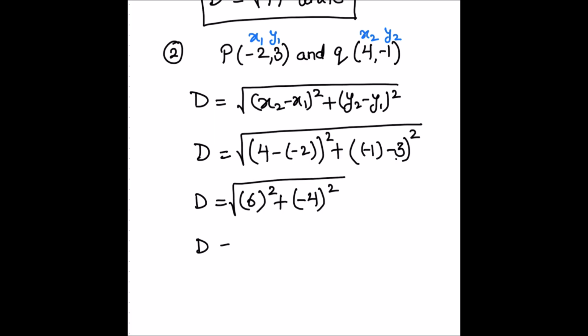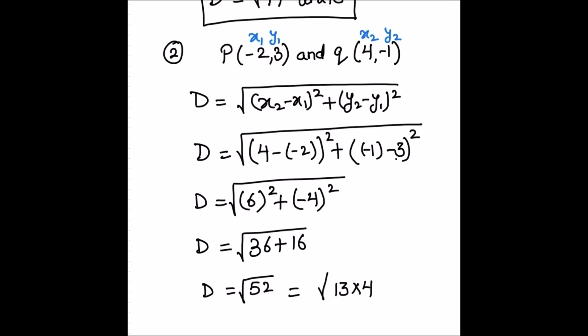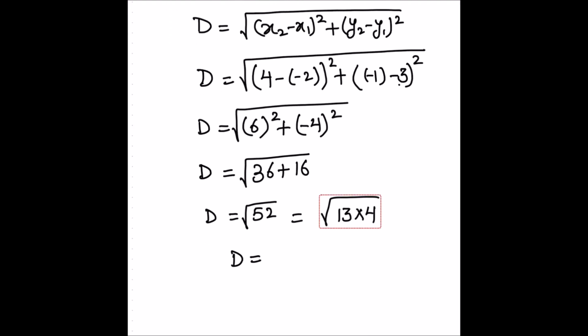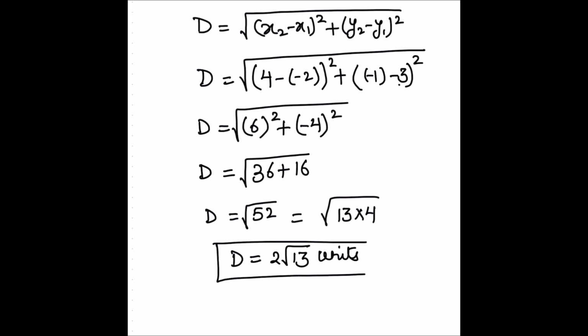So d equals square root of 36 plus 16, or d equals square root of 52, which we can further simplify. 13 times 4 is 52, so we can take 4 out of the square root, and d will be 2 square root of 13. So this is our final answer.